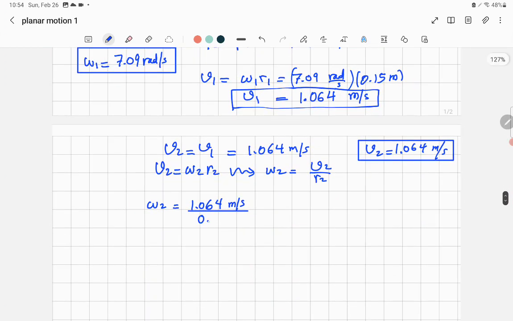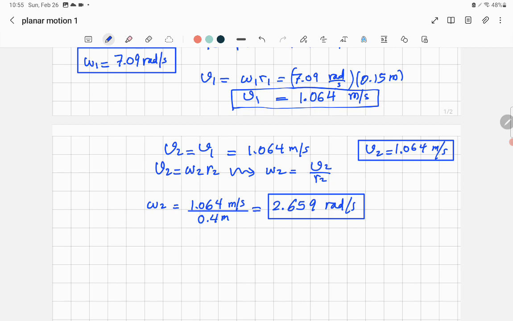You get the angular velocity of the point P on the wheel, which will be equal to 2.659 radian per second. So we got omega 2.